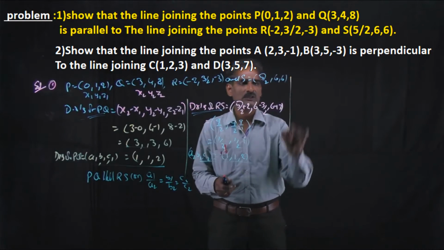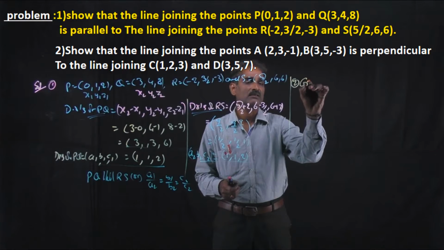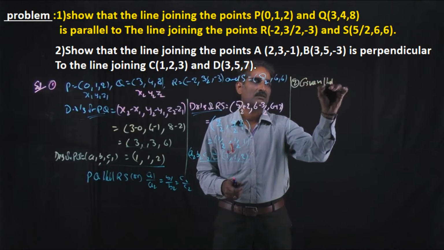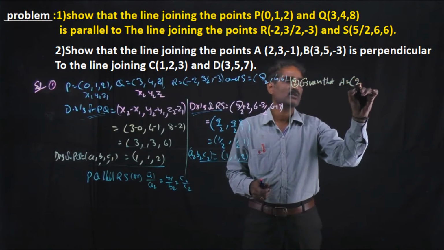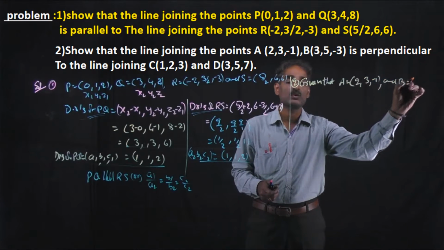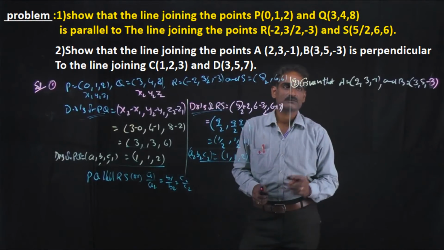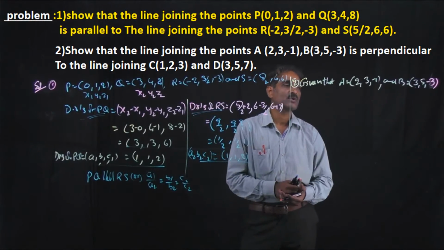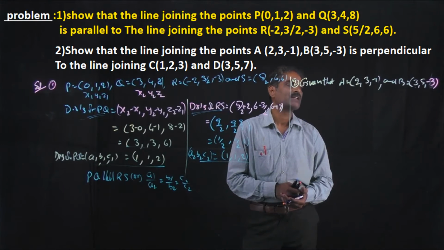What about the second problem? Coordinates. Here it is given that A is equal to (2, 3, -1) and B is equal to (3, 5, -3).